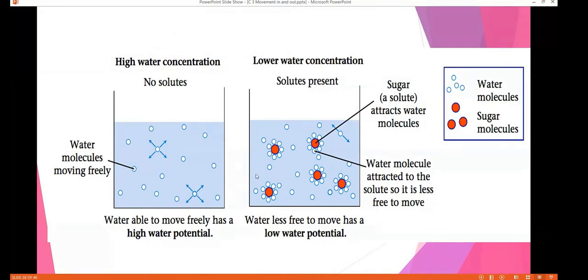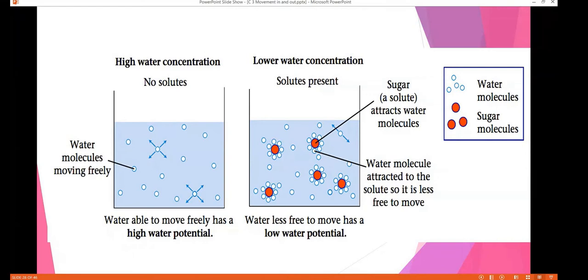It is clearly explained about the water potential on the screen. Is it clear, ladies, about the high water potential and the low water potential? I didn't understand the high water potential. Okay. So can you see on the left side, do you see more of water molecules or sugar molecules? Water molecules. So can you see that on the left side beaker there is high water concentration?